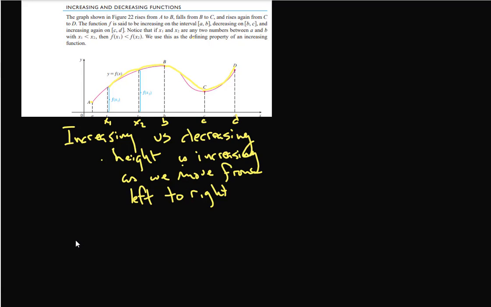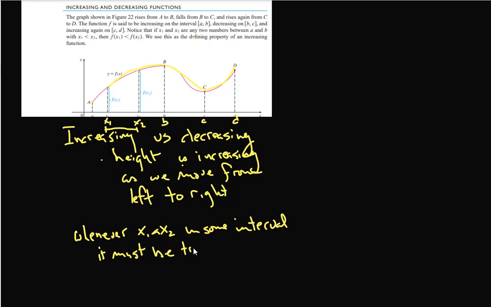We mean that whenever x1 is less than x2 in some interval, say an interval from here to here, then if I want to say it's increasing in this interval, I have to say that for every x1 and x2 where x1 is less than x2, it must be true that f of x1 is less than f of x2.